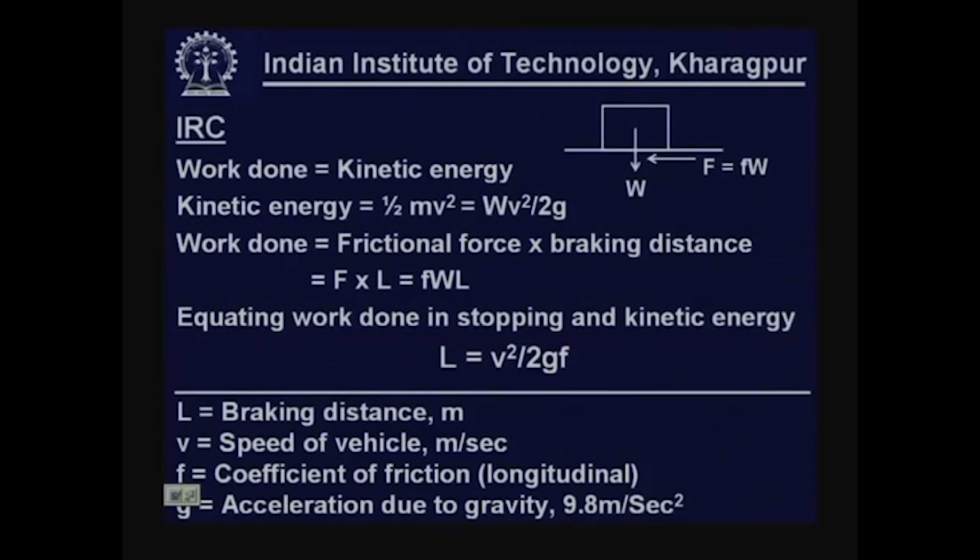where L is the braking distance in meter, v is the speed of vehicle in meter per second, f is the coefficient of friction longitudinal. We are talking about the coefficient of friction, which is longitudinal coefficient of friction, and g is the acceleration due to gravity 9.8 meter per second square.